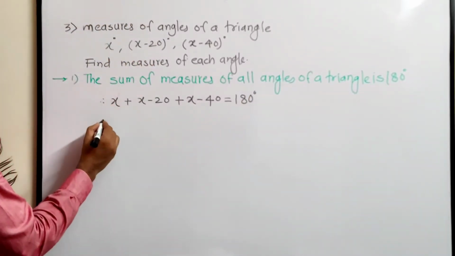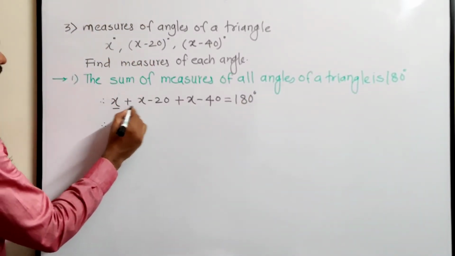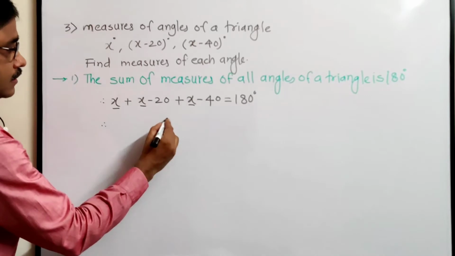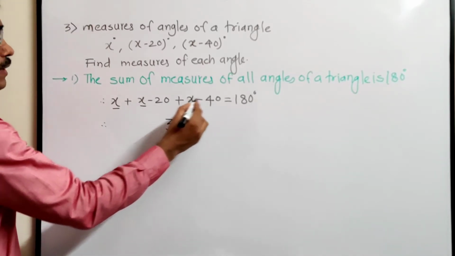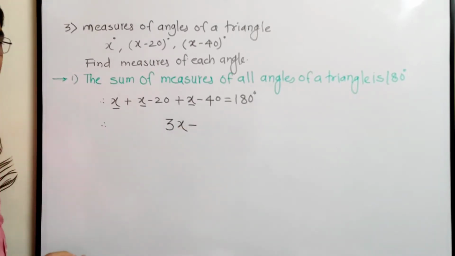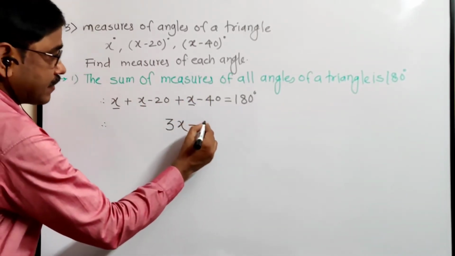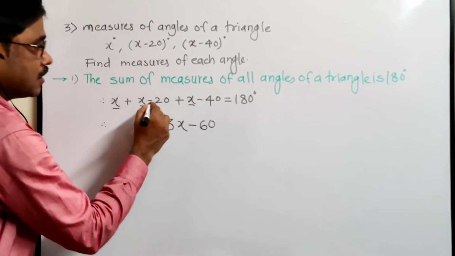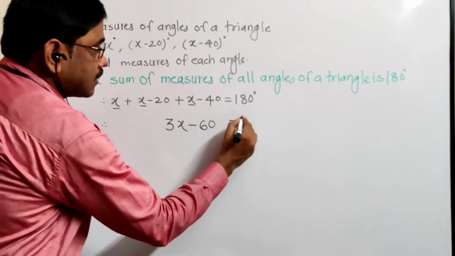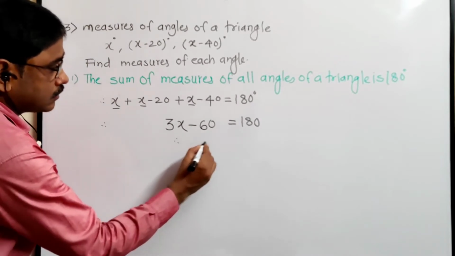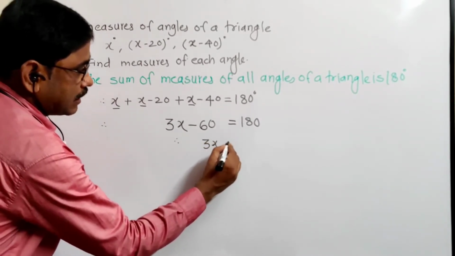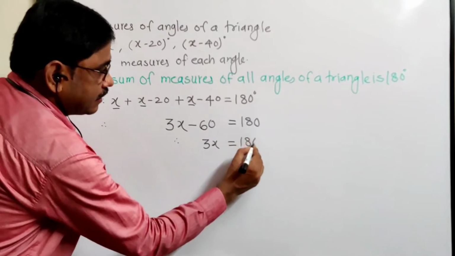Now add this x, x, x. We get 3x. Minus 20 and minus 40 we get, when same signs are there, add them and write the sign of the larger one. Minus 60 is equal to 180. Therefore 3x is equal to 180 and this 60.